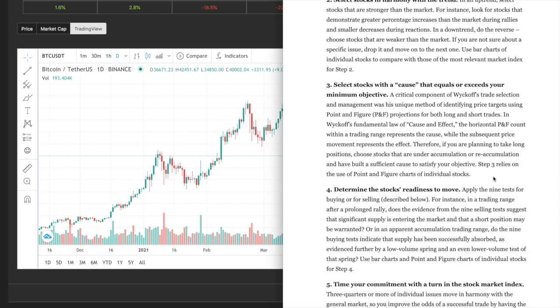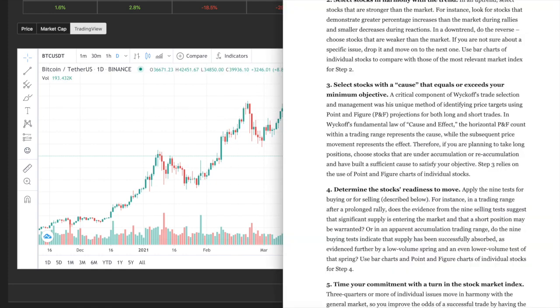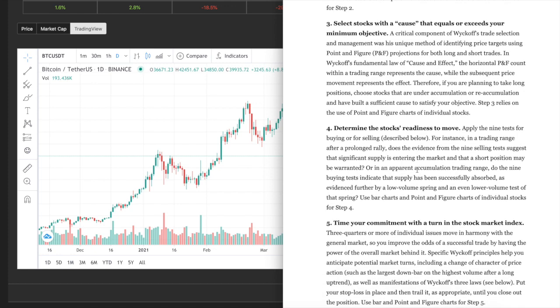Third is you're going to select stocks with a cause. So you're going to want to look for, I don't know why they call it a cause, but these are ones where you notice these trends going on. Like this is a Wyckoff distribution trend right here. And I'll explain it to you guys in the video so you guys can see it. And then determine the stock's readiness to move.